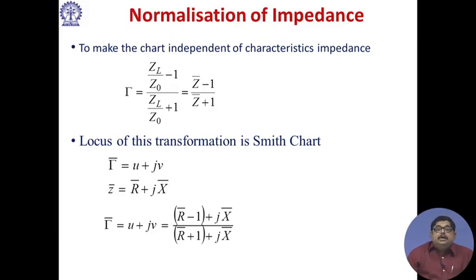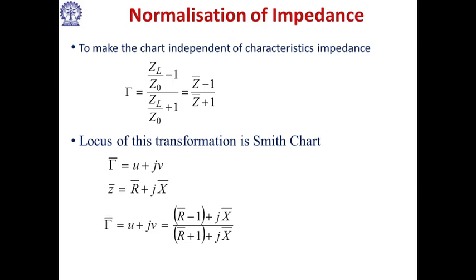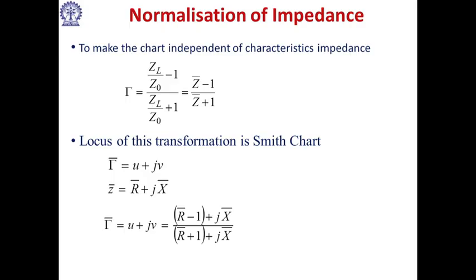ZL by Z naught we call Z bar, the normalized impedance. So the equation which was the Smith chart's fundamental equation, gamma is equal to Z bar minus 1 by Z bar plus 1, we are getting from these.